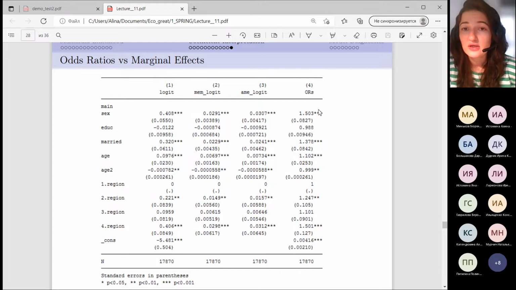And also, you can say, if we compare every time with the one value, that when the respondent is male, odds of being self-employed are bigger by 50% than for females. Okay.